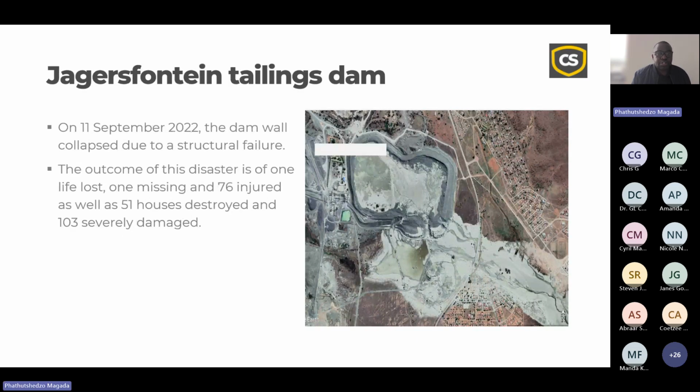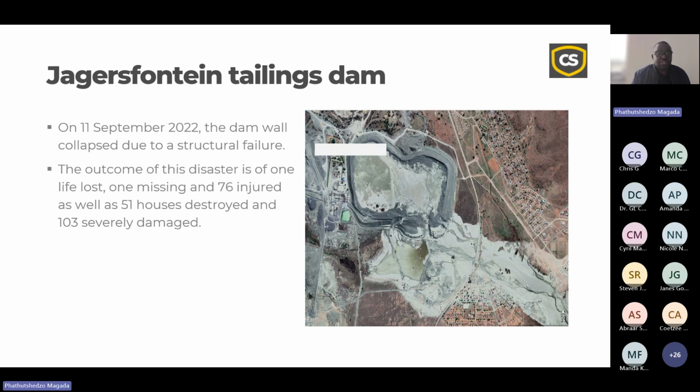Jagersfontein's tailings dam is very familiar to most of us here. It's here in South Africa, on 11 September 2022. The dam wall collapsed due to structural failure.